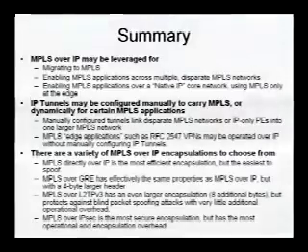So, in summary, MPLS over IP may be leveraged for migrating to MPLS, enabling MPLS applications across multiple disparate MPLS networks, enabling MPLS applications over a native IP core, using MPLS only at the edge and letting you roll out MPLS at a rate that's not confined by the 2547 rollout.